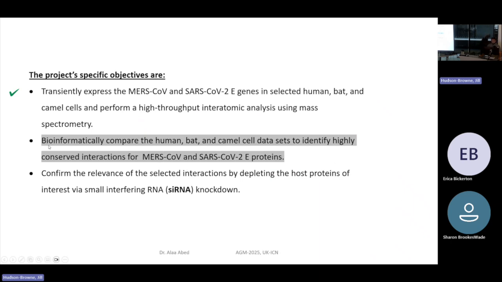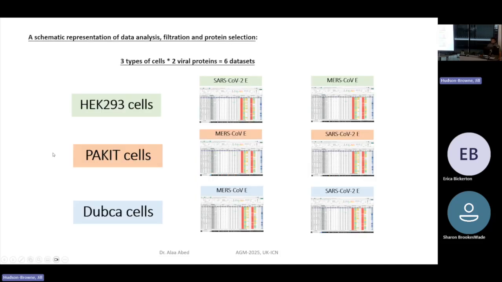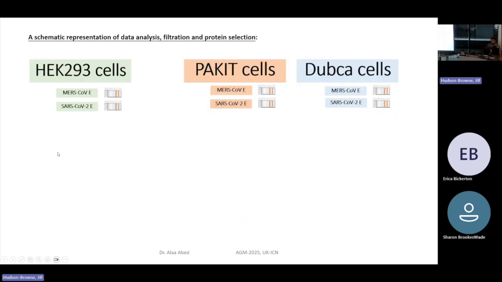The second goal was to bioinformatically compare the human, bat, and camel cell data sets to identify highly conserved interactions for MERS and SARS-CoV-2 proteins. As we mentioned, we have 6 data sets. These need to be analyzed to select the most interesting cellular interactors.